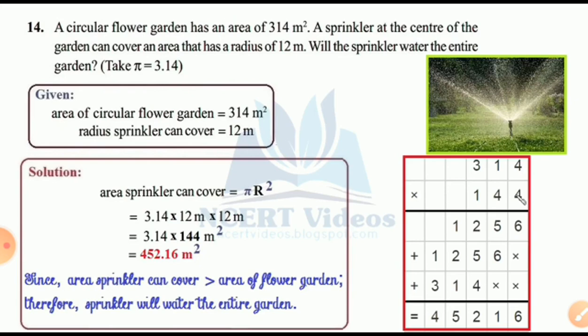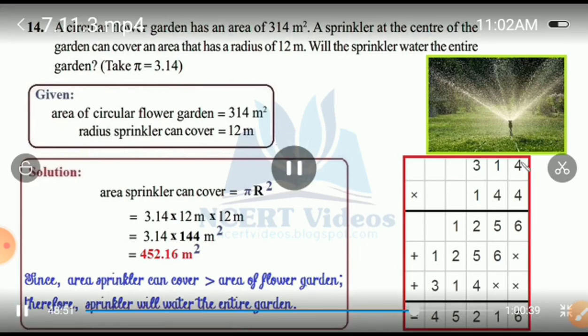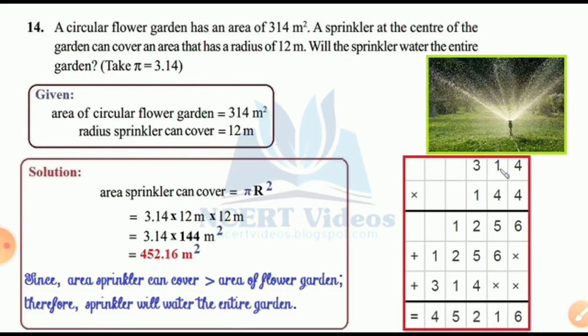And on the right side it is shown how to multiply 314 multiplied by 144, which gives you 45,216. But there are 2 decimal points, you can cut it. That means yes, the sprinkler can water the entire garden.